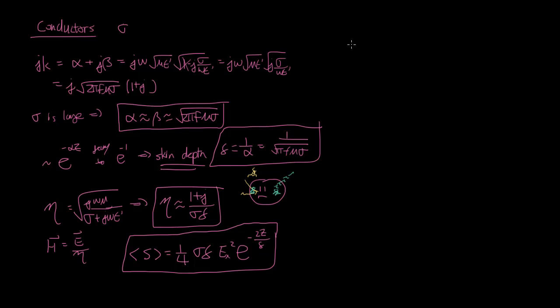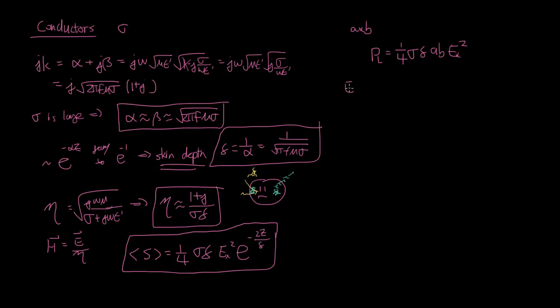Now, if we wanted to calculate the power dissipation, or effectively the ohmic dissipation that occurs, you can integrate this across a surface area. So let's say you're talking about an A times B rectangular cross section. Then the power loss in a rectangular cross section of A and B could be 1/4 sigma delta AB Ex squared.